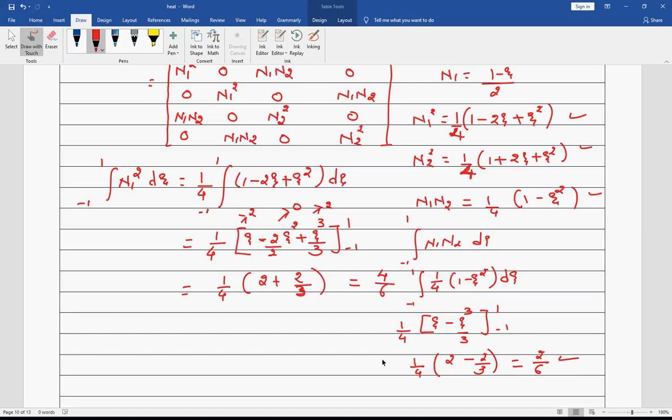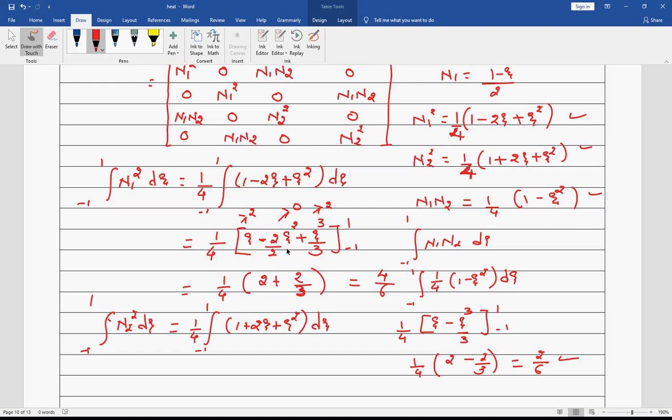Similarly, if I check the integration of N2 square d xi from minus 1 to 1, that will be equal to 1 by 4 times the integration of (1 plus 2 xi plus xi square) d xi.